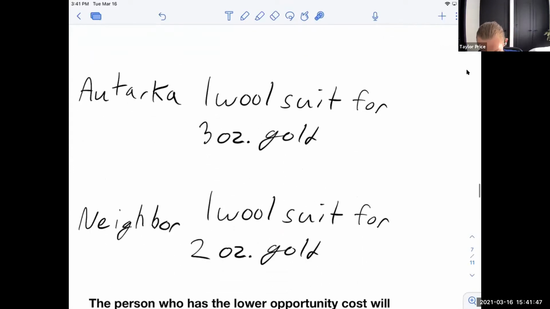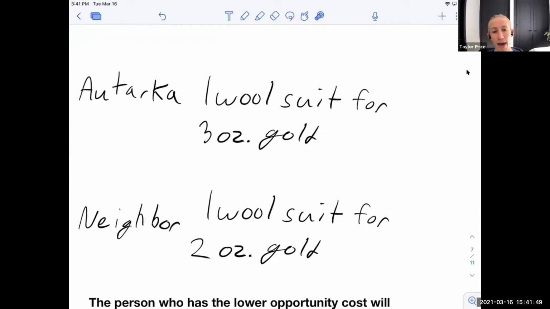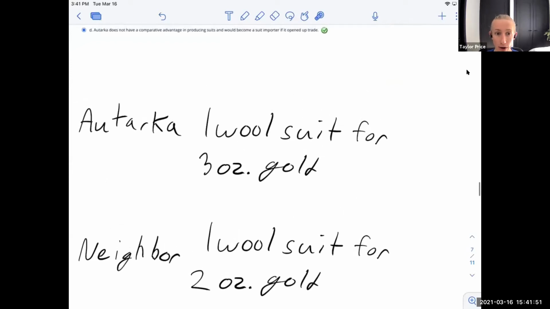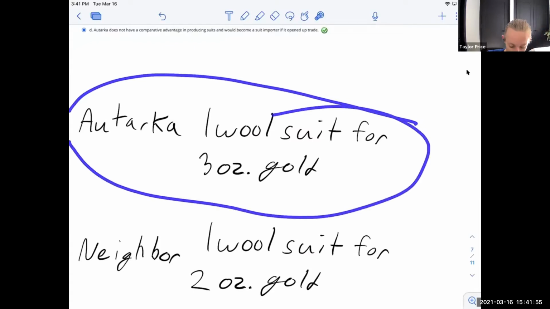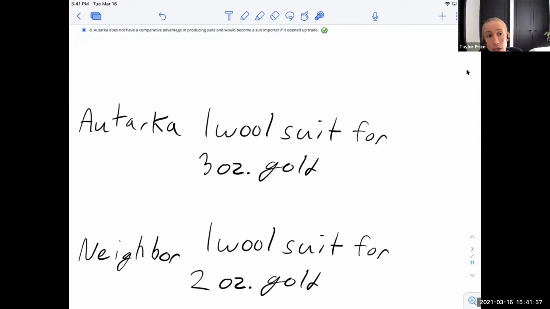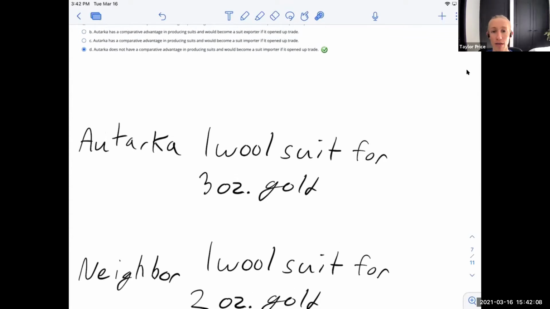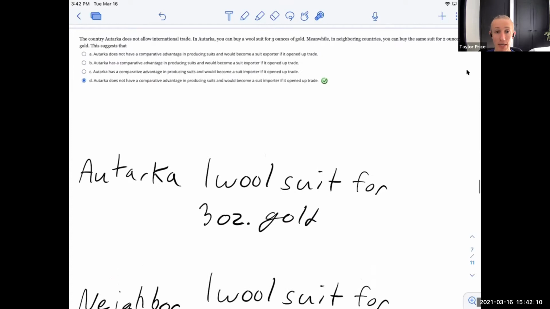And the reason for that is if you look at the trade, you can see that it is taking this country quite a bit longer to produce a wool suit compared to its neighbor. So because of that, you know that it does not have the comparative advantage because it's taking so much longer for them to produce that good. So that's why you know that D would be correct.